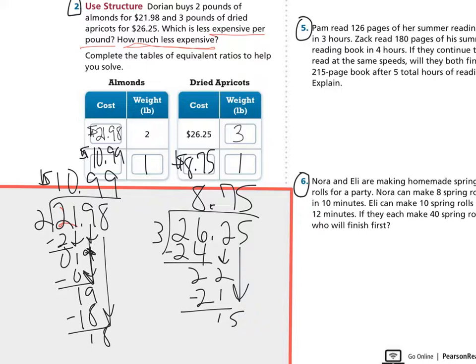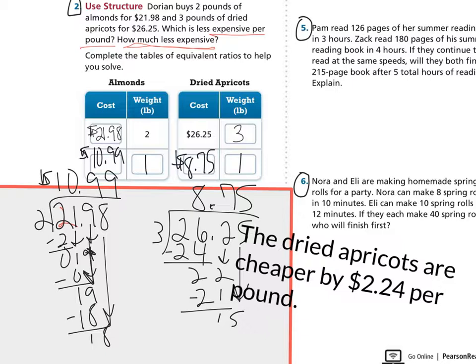So we could say the dried apricots are cheaper by $2.24 per pound. Okay, so that would be our statement. We can make that concise and just make it into one sentence if we want to.